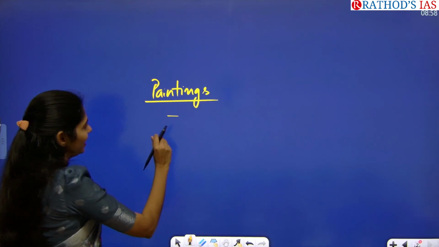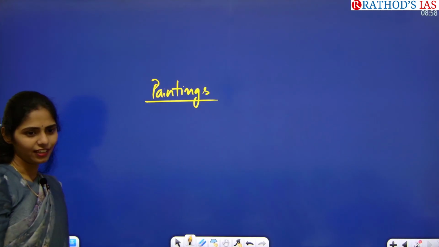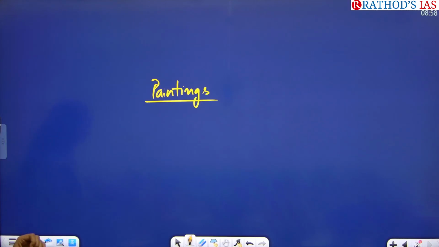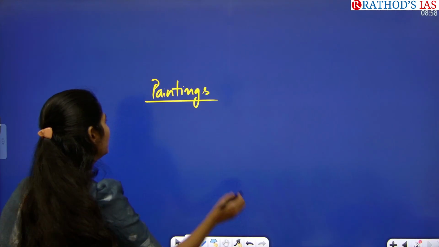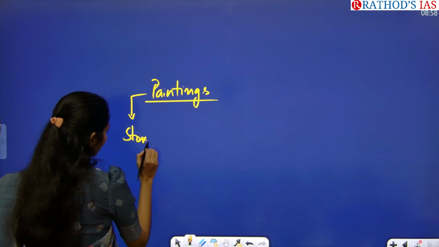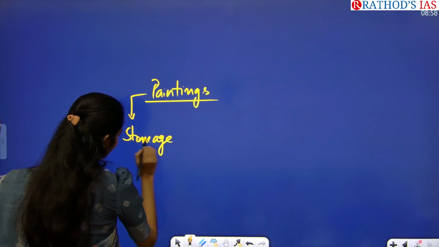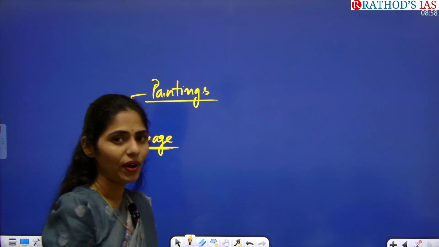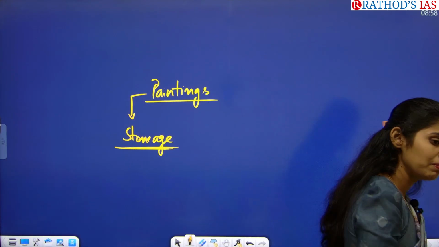So when did the tradition of painting start in our country? Harappan, not before that. Before the Harappan civilization, we have the Stone Age, right? In the Stone Age itself, people started painting in caves. One important painting that you have to know is the Bhimbetka painting.